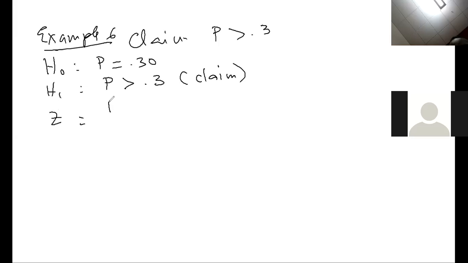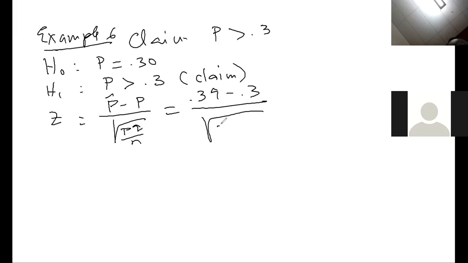Z is p hat minus p over the square root of p q over n, which is 0.39 minus 0.3 over the square root of 0.3 times 0.7 over 225. p hat is 88 over 225, which is 0.39.